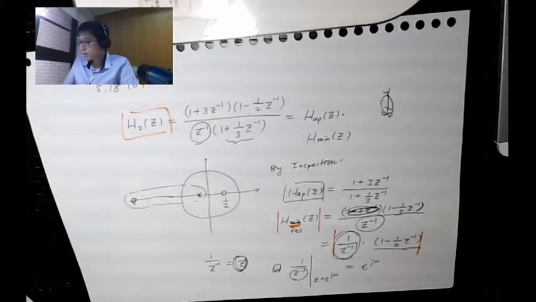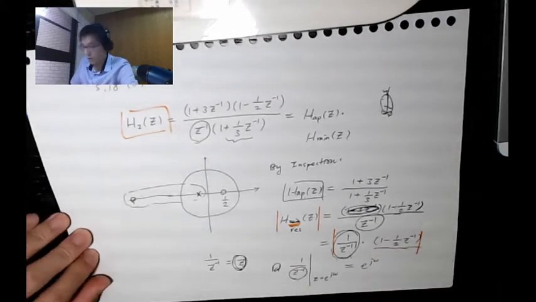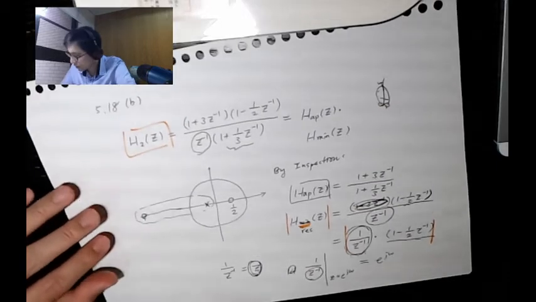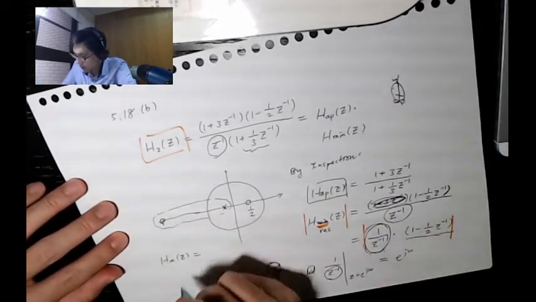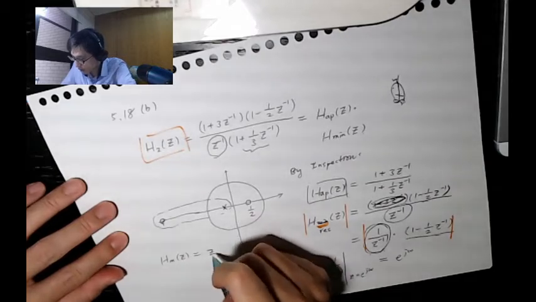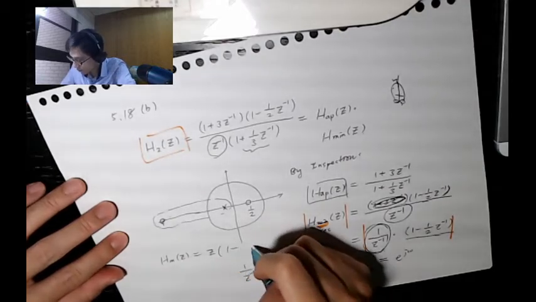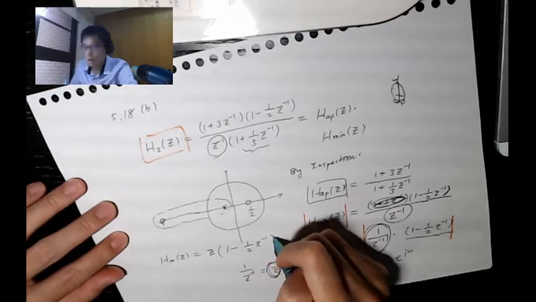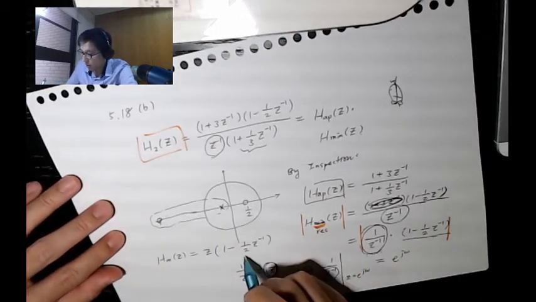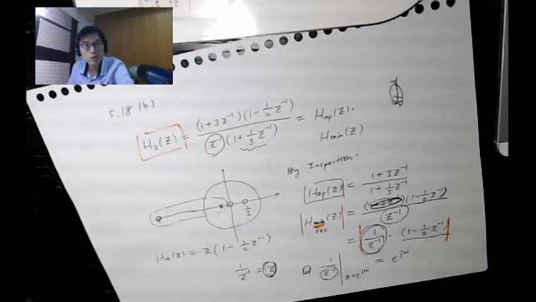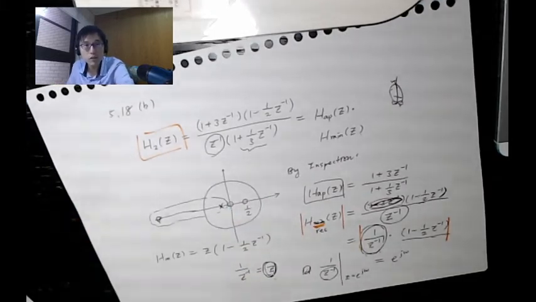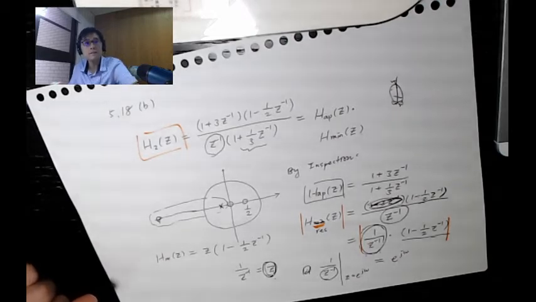I think it is fine to leave it here. My answer is indeed H min of Z, which has a 0 at 1/2 and another 0 at the origin. I think this is correct. It is correct to leave it here. That's my opinion.